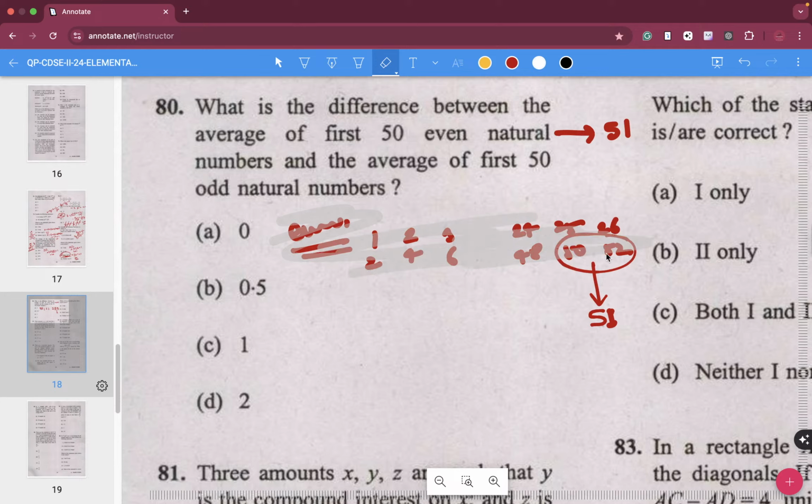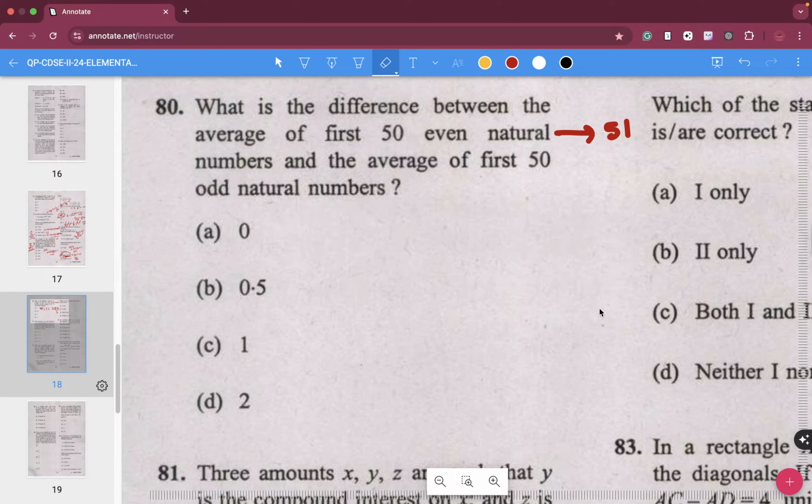Now for the odd numbers, first odd number is 1, second odd number is 3, third odd number is 5, fourth odd number is 7.